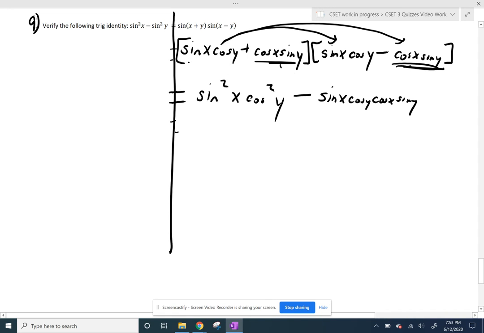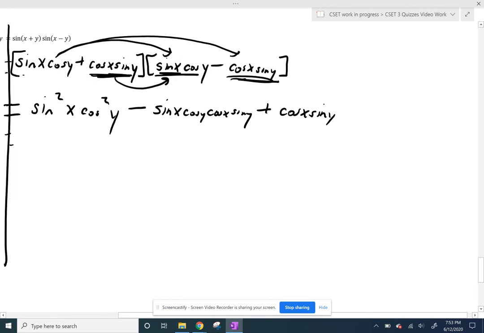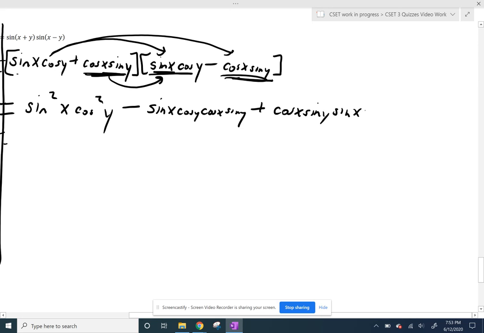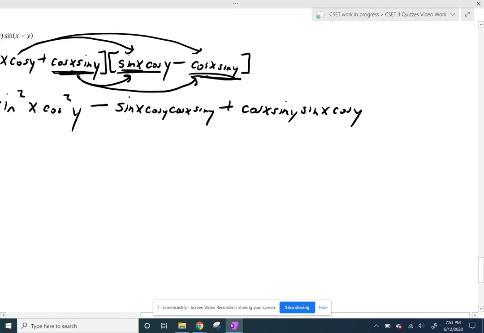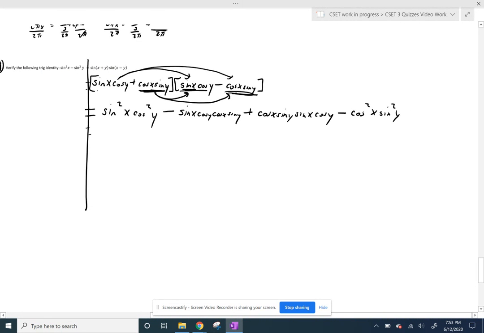Now it's his turn to go first. So that'll be plus cosine x sine y times sine x cosine y, cosine x sine y, sine x cosine y. And you just got to trust, just keep going with it. And they're telling you it's going to work. So just make sure you're careful, and it should work out.